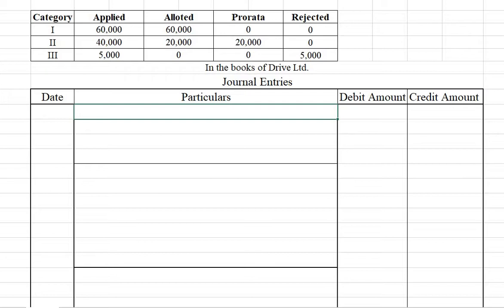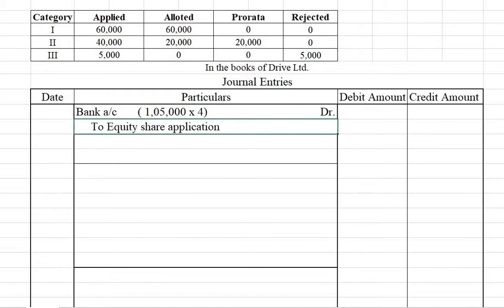First journal entry we will write, yes, bank account debtor to share application, equity share application. Okay, that means 1,05,000 shares application we received for 1,05,000 shares into 4 rupees each, including premium.